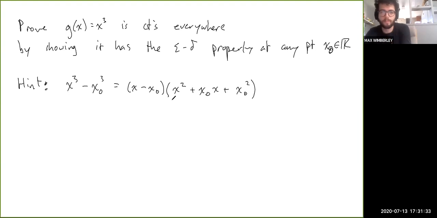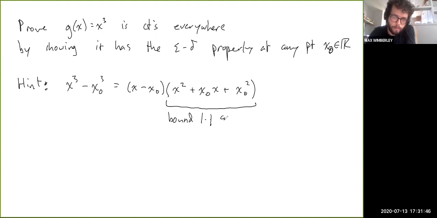Here's the goal: we want to bound the absolute value of this above, in terms of the absolute value of x naught and delta.